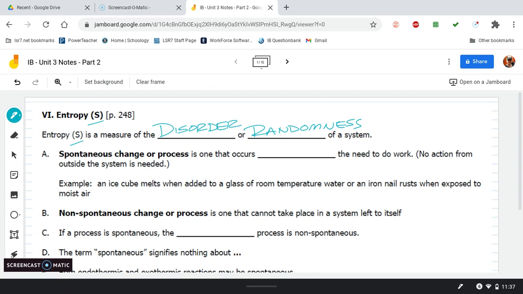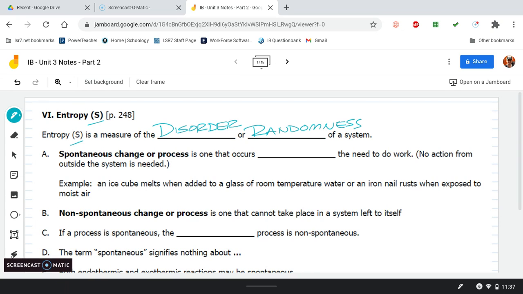What we should say about randomness at this point is that chemistry likes things that are random. The way nature works is that things tend to go towards randomness, towards disorder.